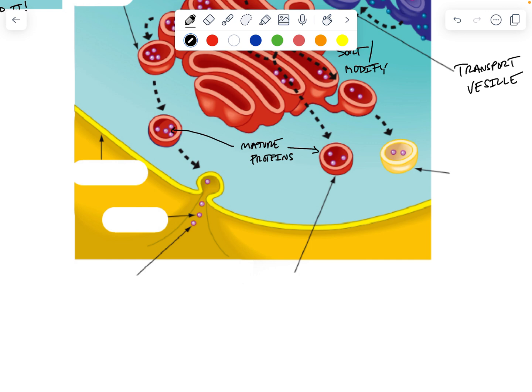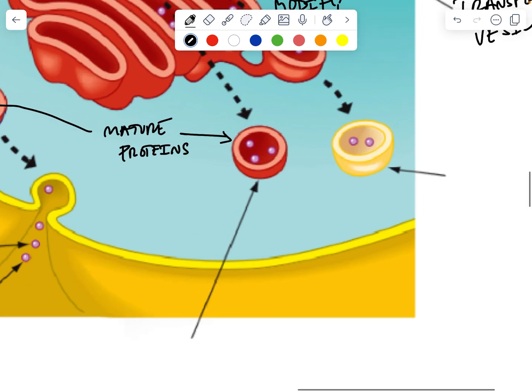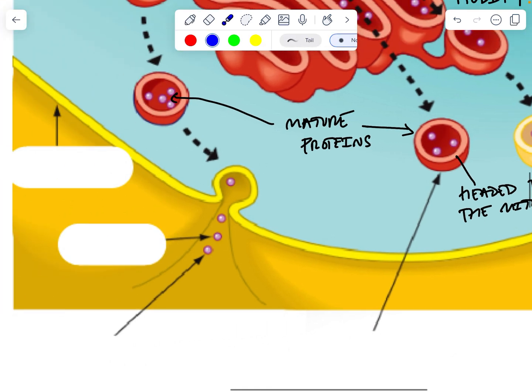Now, these vesicles could be destined for a bunch of different places. This is also going to be mature proteins. Maybe this vesicle is headed to the mitochondria because it's full of proteins that are going to be used there.